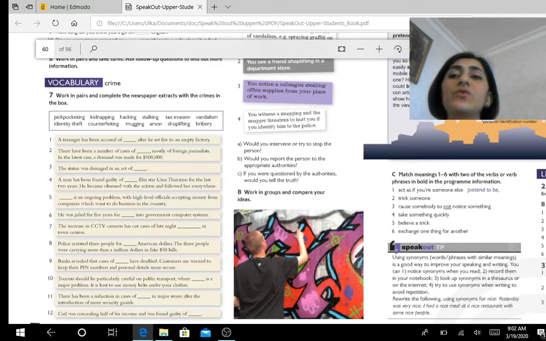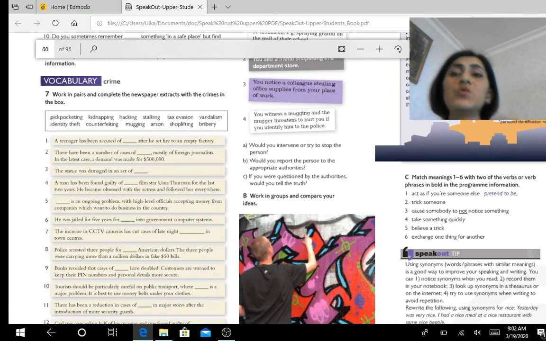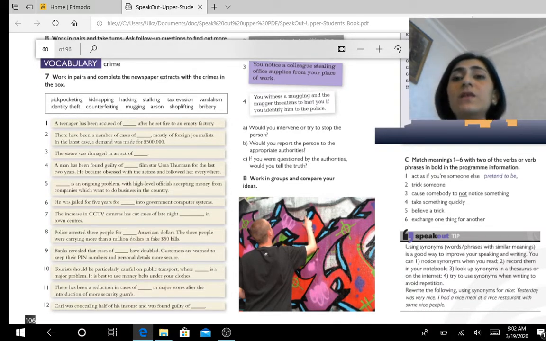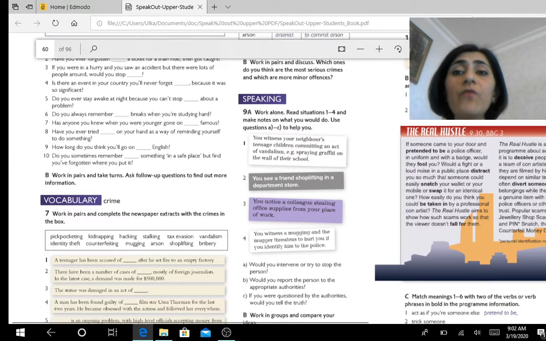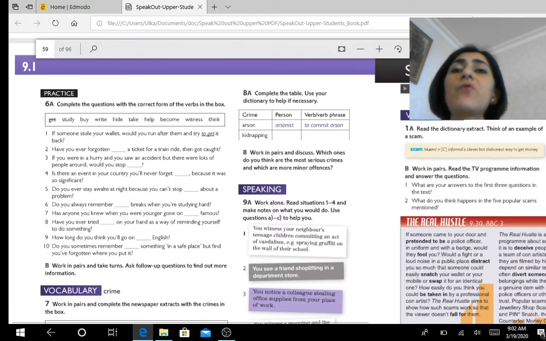And after you find out their meanings, you can easily complete this exercise. These are newspaper extracts, and you have to read every extract and fill in the gaps in these sentences. But don't forget, every time you have a vocabulary exercise, you memorize them all, learn them by heart.